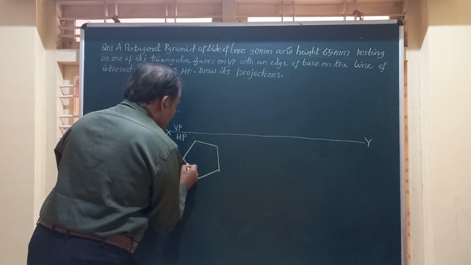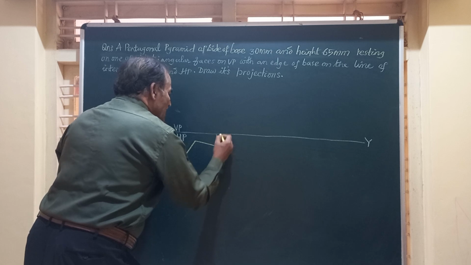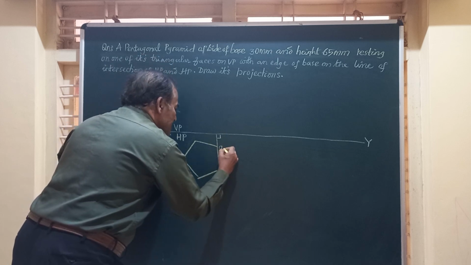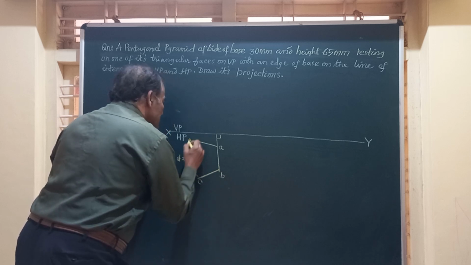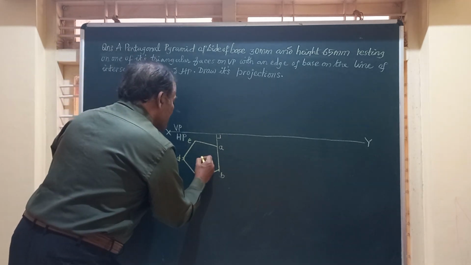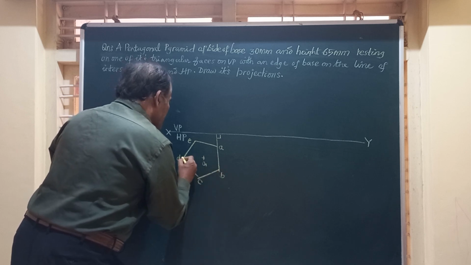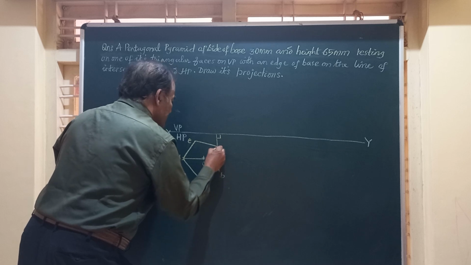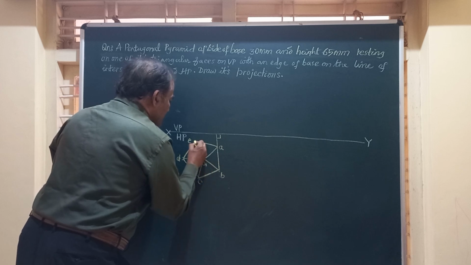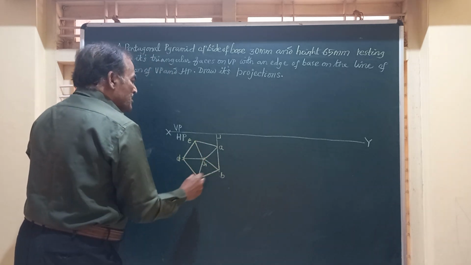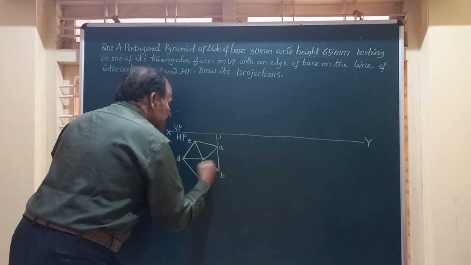Friends, this is how the top view looks. I have kept one of the sides perpendicular to VP and we will call the corners A, B, C, D, E. This is the base and we locate the center of this base, that is center O1, and we join that to all the corners of the pyramid like A, B, C, D and E. Friends, this is the top view of the pyramid resting on HP on one of its bases.